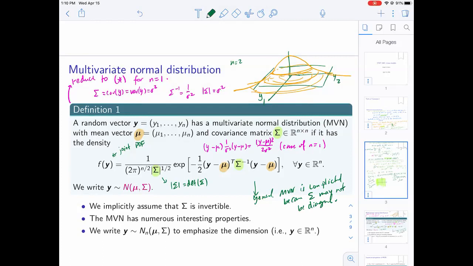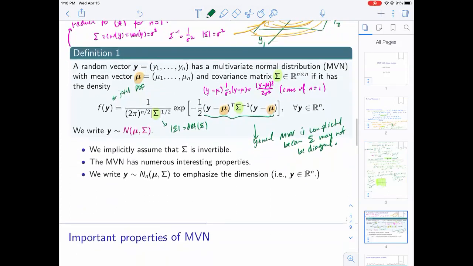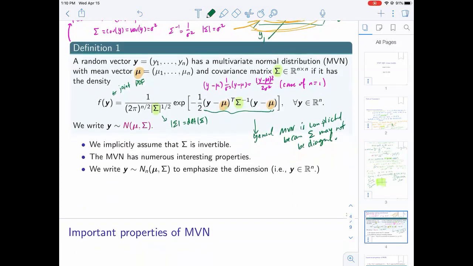And so this thing here is not a simple object. It's a quadratic form, as we'll talk about later, but there's not much I can say. The easiest way to visualize it is to just plot it and see a bunch of shapes. And the shape will be determined by sigma.